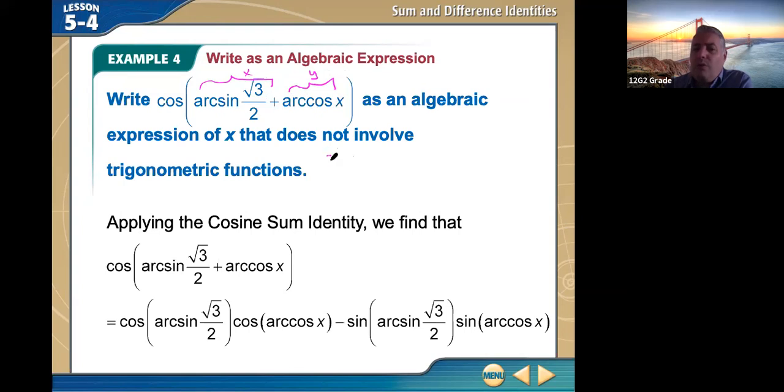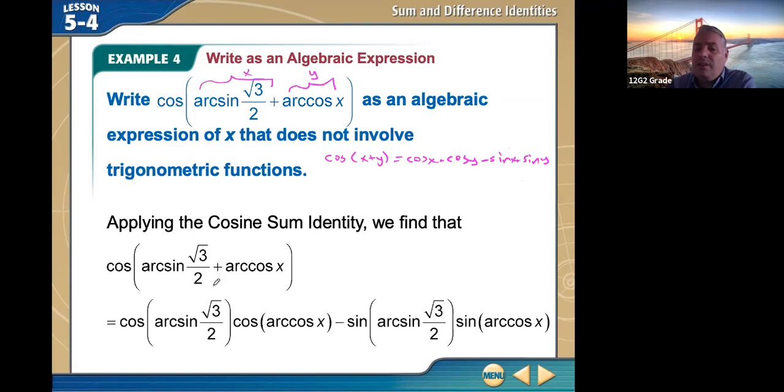What was the rule for cosine of x plus y? The rule is this: cosine, cosine, sine, sine. Cosine x cosine y, when plus, minus; when minus, plus. This is the rule. Cos, cos, sin, sin: sine x and sine y.